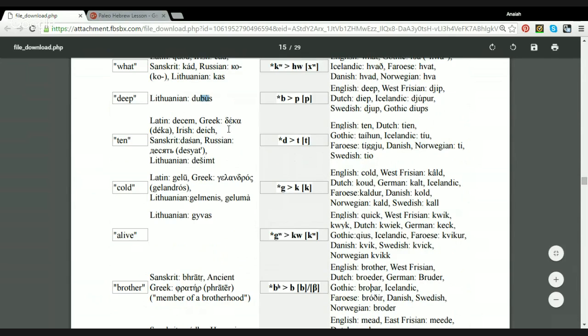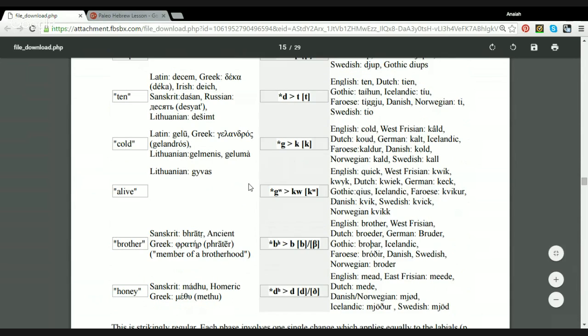Greek is deca. Irish is dech. Sanskrit is dasan. Russian is desiat. Lithuanian is decimt. English ten, so it's similar. Dutch tien. Gothic tehun. Icelandic tiu. Faroese tegju. Danish and Norwegian is ti, and Swedish tio for ten.